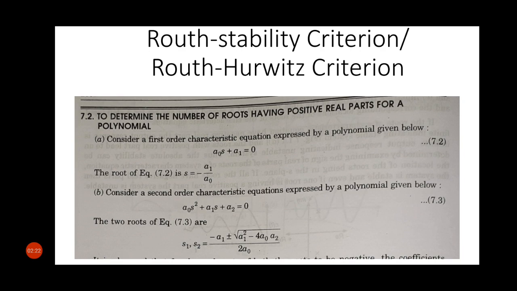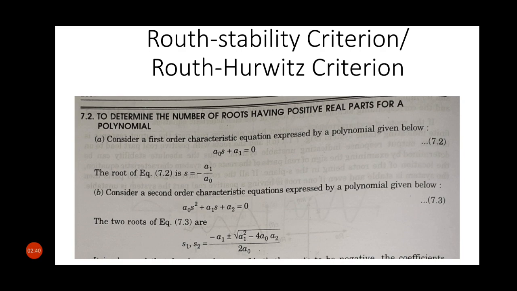So it is observed that for the real parts of both the roots to be negative, the coefficients a0, a1 and a2 should be either positive or of the same sign.